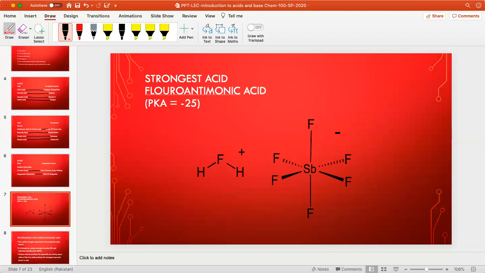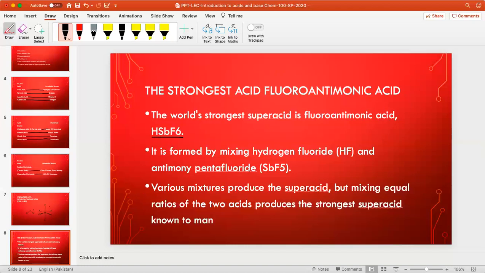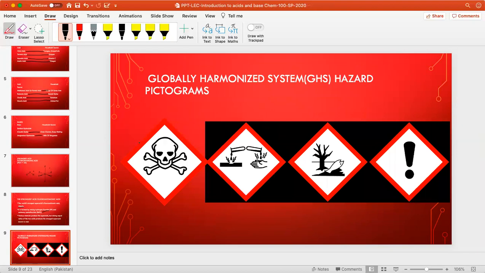Next, it is formed by mixing hydrogen fluoride and antimony pentafluoride. When you mix them in an appropriate ratio, this will give you fluoroantimonic acid. Various mixtures produce the superacid, but mixing equal ratios of these two acids produces the strongest superacid known to mankind.